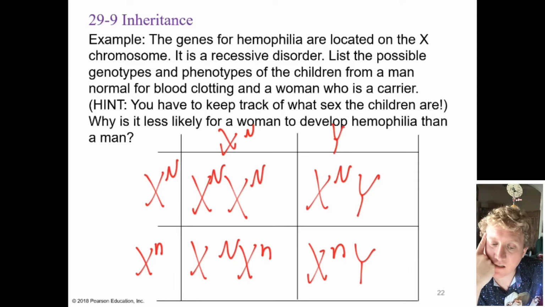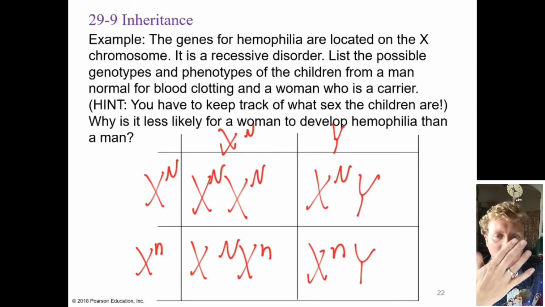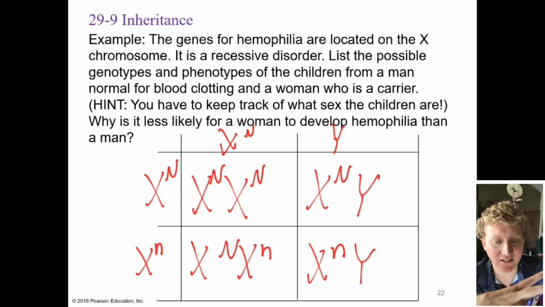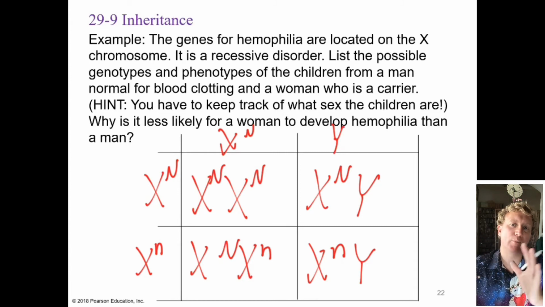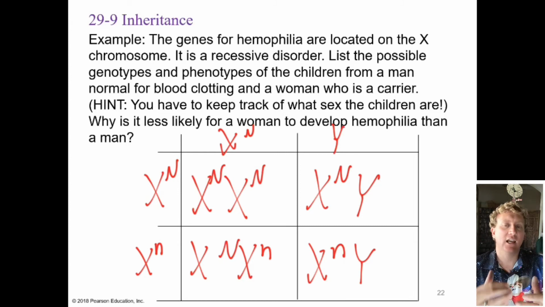It's because in order for a woman to have hemophilia or any X-linked recessive disorder, both have to be recessive. Just like regular strict dominance. In males, if you have the gene, you have the disease. There is no other gene to balance that, to offset that. If that gene is there, that's what's being expressed.